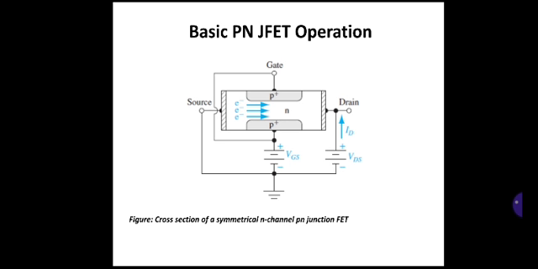For low values of current, we can assume a linear variation of voltage in the channel varying from Vd at the drain end to 0 at the source end.